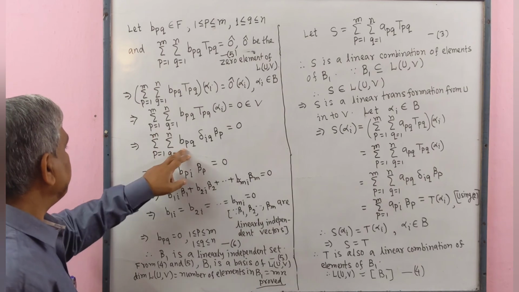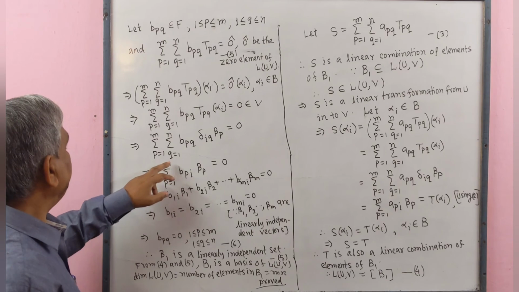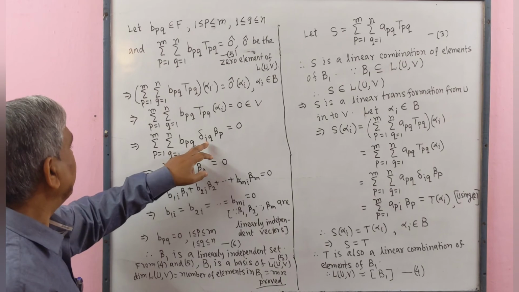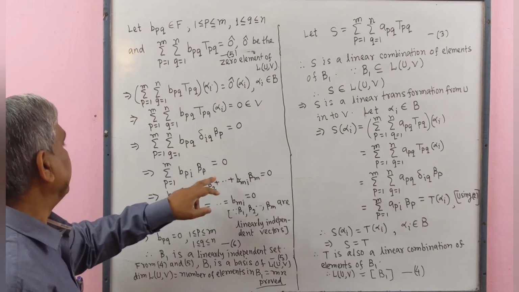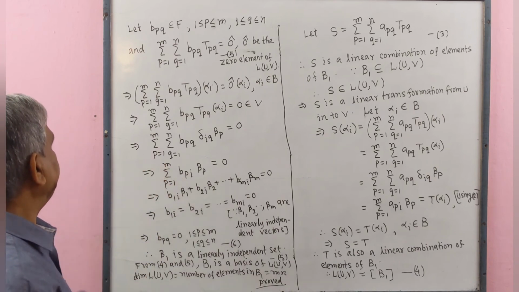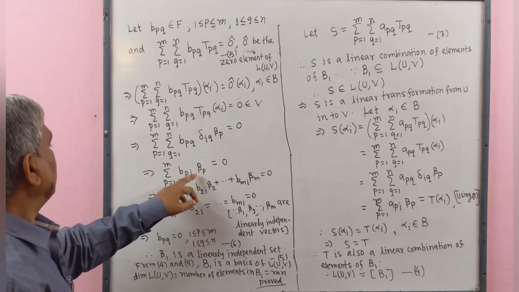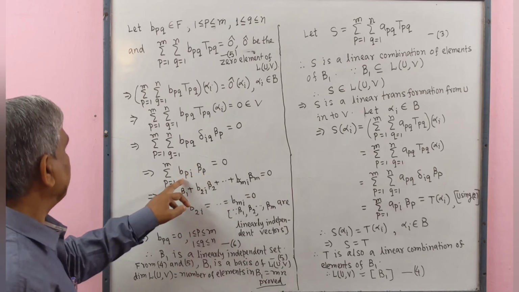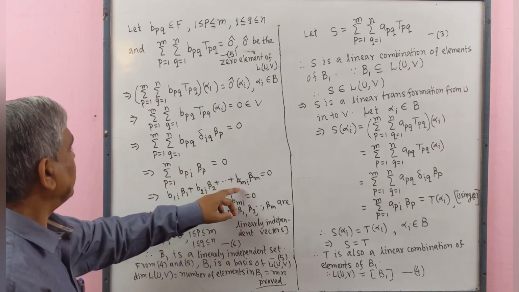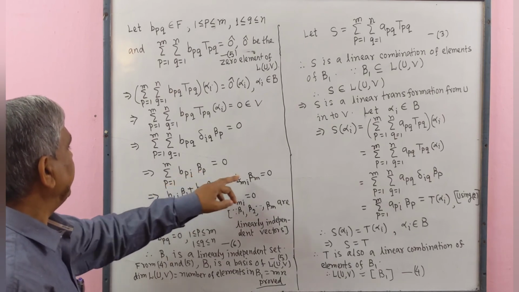So this equal to sigma P equal to 1 to M, BPI beta P equal to 0. We put the value of P from 1 to M: B1I beta 1 plus B2I beta 2 plus ... BMI beta M equal to 0.